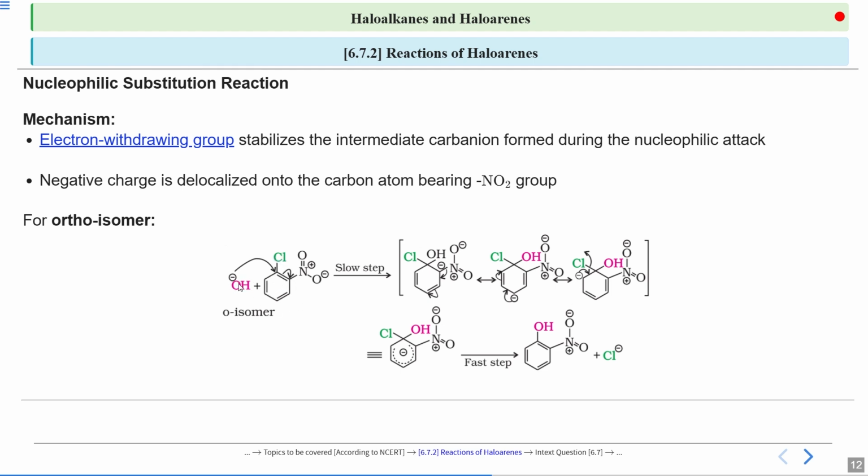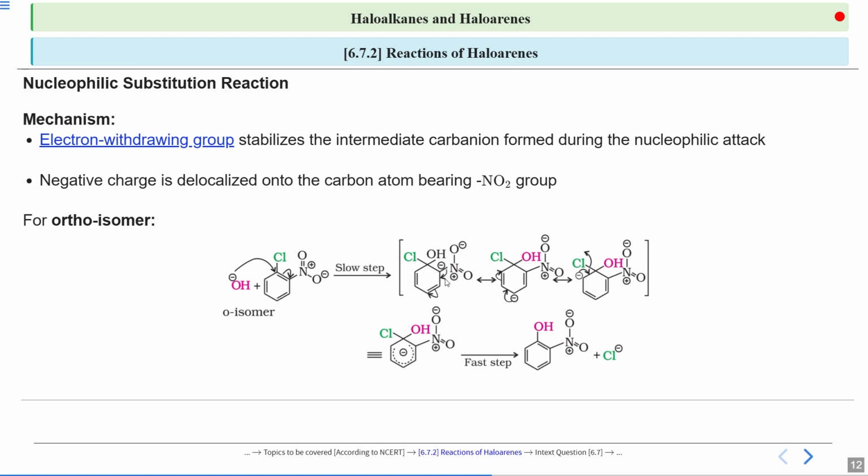Okay, so the hydroxyl group, which is a nucleophile, attacks the carbon, and the double bond electrons will shift over to the carbon bearing the NO2 group, right? So you will get this structure. This is an intermediate and this is a slow step. At the first carbon we have chlorine and hydroxyl, and at the second carbon we have the negative charge and the NO2 group.